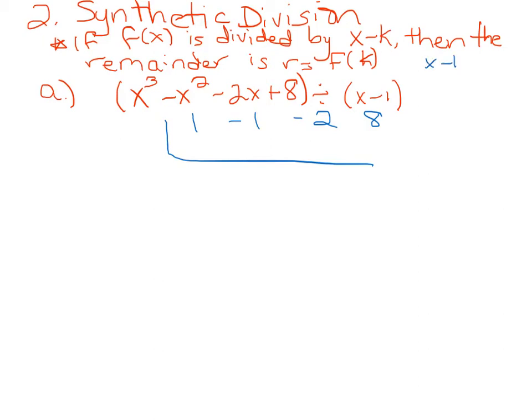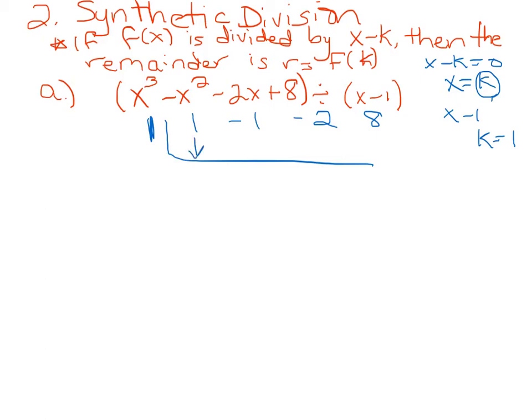If x minus k is equal to 0, then x is equal to k. So the k value that we're looking for is going to be the opposite of the sign that you see. For instance, in our problem here, x minus 1, my k value is actually a positive 1. So that's what I want to put on the outside of my synthetic division box.